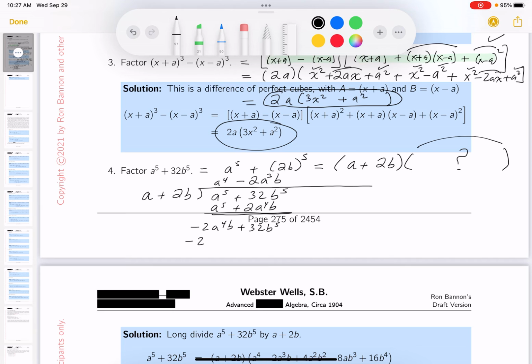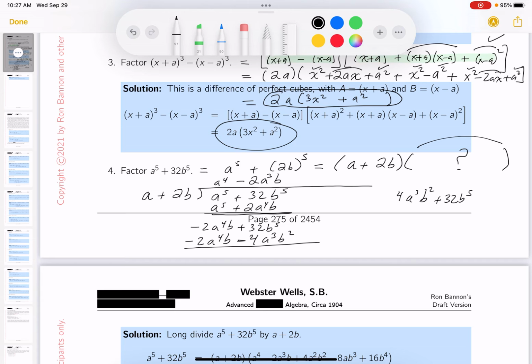Minus 2a^4 b minus 4a cubed b squared. I'm not beyond making a mistake, nor are you. Do the work. Now, again, I'm kind of squeezing it in here, but I'm going to do the subtraction now. What do you get? You would get 4a cubed b squared plus 32b^5.